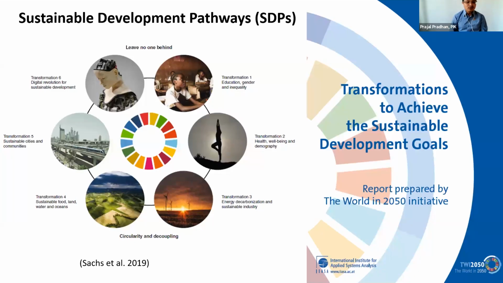The question is how we can achieve the 2030 or long-term sustainability agenda, and what could be the pathways to achieve them. In the modeling communities, this is also one of the ongoing discussions on how to derive these pathways.